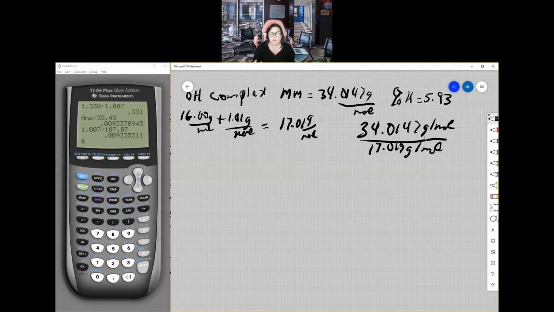And I know that I have a molecular formula, which is some multiple of that empirical formula, which has a mass of 34.0147 grams per mole. So if I divide the molar mass by the empirical mass, that should tell me the ratio that I need to multiply the empirical formula by to get the molecular formula. Okay, so that's what I'm doing here.